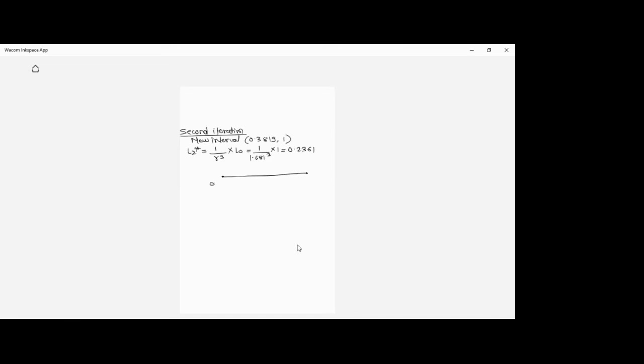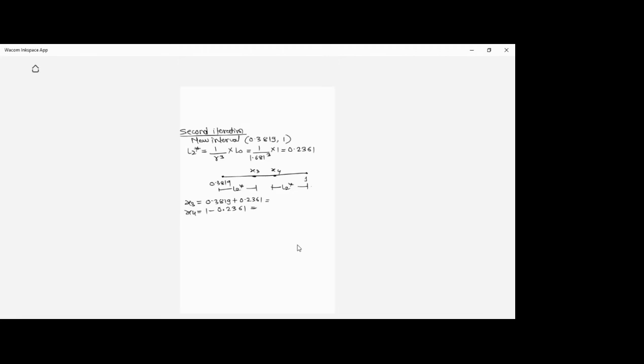So here we have our interval, that is 0.3819 and this is 1, right? Here it is our x3 and x4. This is L2 star and again this is L2 star, right? So the value of x3 will be 0.3819 plus 0.2361, and the value of x4 will be 1 minus 0.2361.